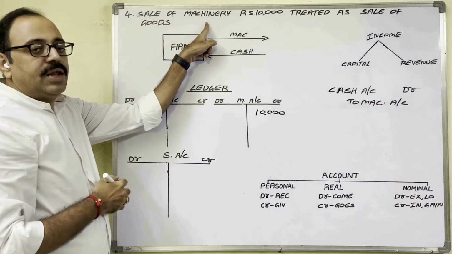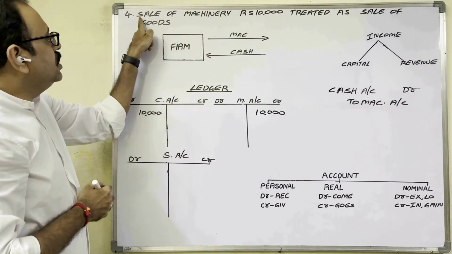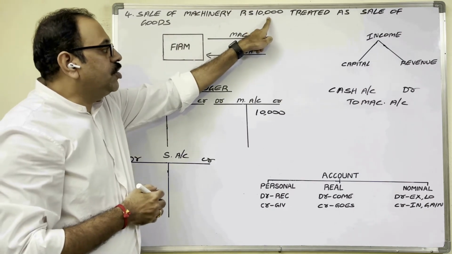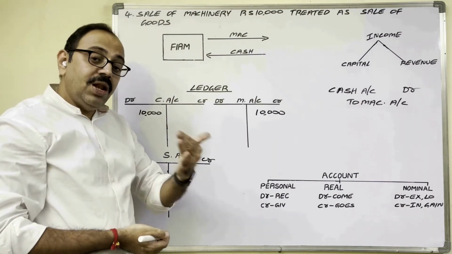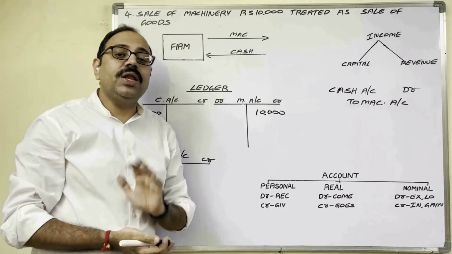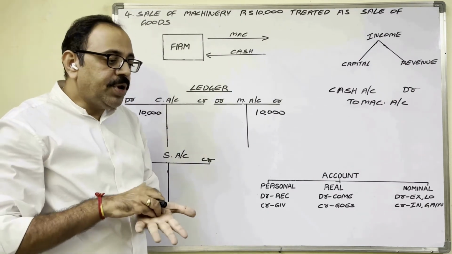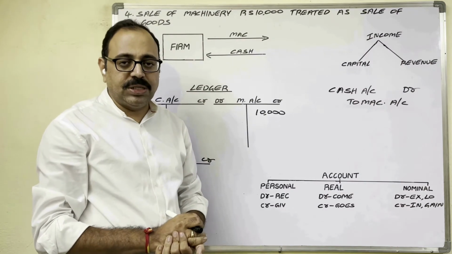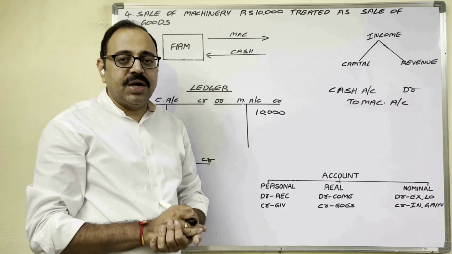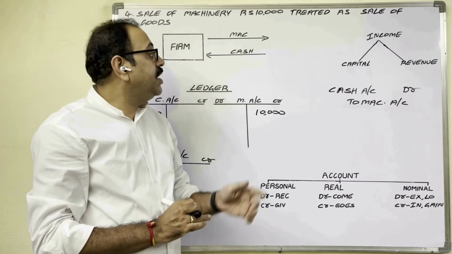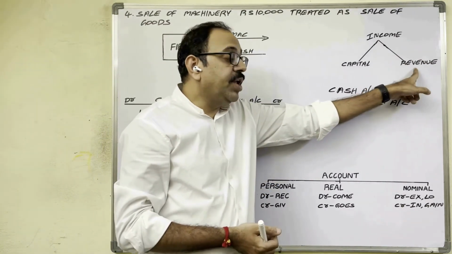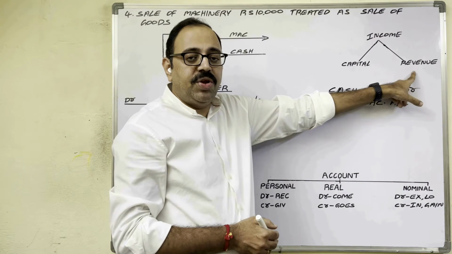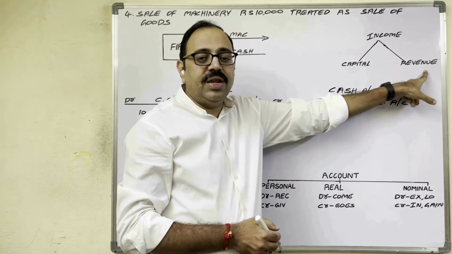Now come to the error. The error is sale of machinery 10,000 rupees treated as sale of goods. Sale of goods is regular income, because the firm regularly sells goods to customers. So if it is regular income, then you can credit the sales account. Regular incomes come under revenue incomes. In case of revenue income, we can credit the sales account.